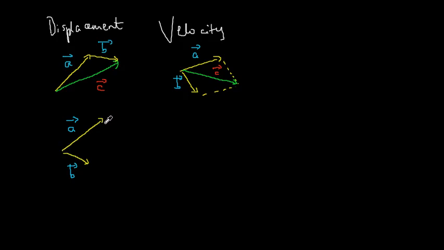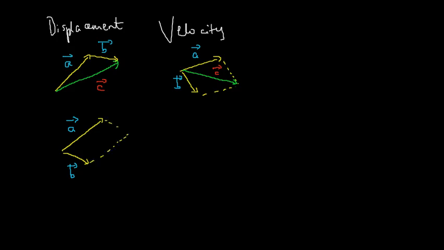Now if I imagine using this idea of a parallelogram to find the combined displacement for A and B, how will I do it here? The way I can do it is to think of A and B as the sides of a parallelogram, and I can complete the parallelogram by drawing the other two parallel sides.